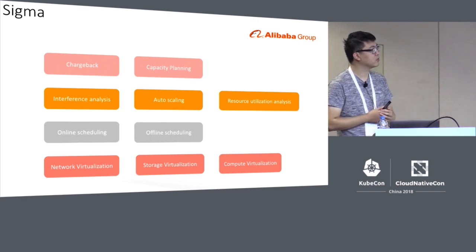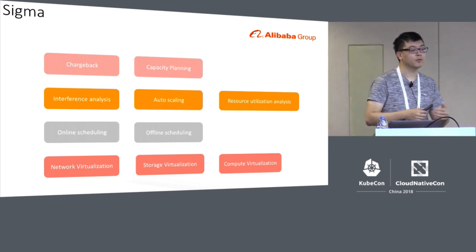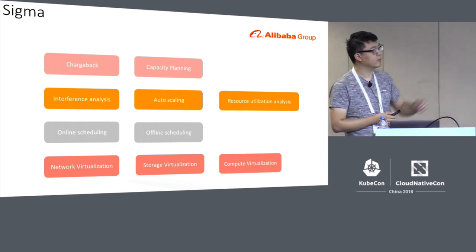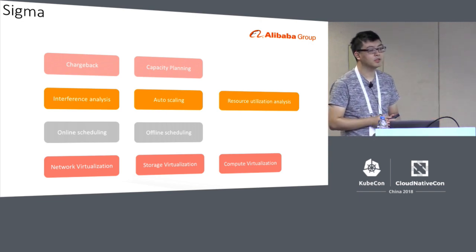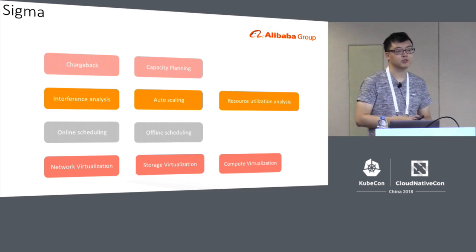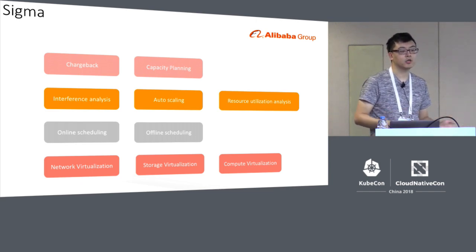And above these supportive tools, we also have some higher level management tools like chargeback. Chargeback aims to monitor the costs of each project for each business unit or each team so that we can push them to optimize their services. And it is a charge function. Besides that, we also have capacity planning, because we are the major part of the Alibaba Group architecture.